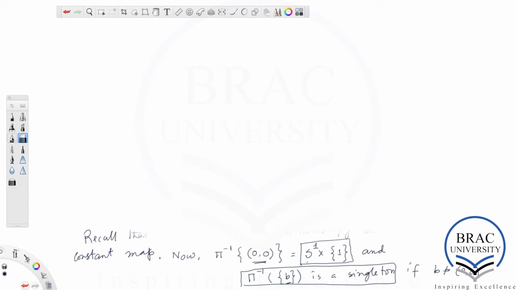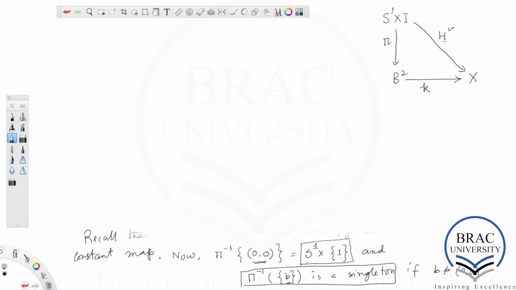Because let me draw that commutative diagram again, which I did a while ago. There was a map from S1 cross I to B2. That's our quotient map, pi. And we have seen that there is a homotopy H from S1 cross I to the topological space X. And we are interested in this induced map K from B2 to X. We want to embed this diagram into the framework of theorem 2.